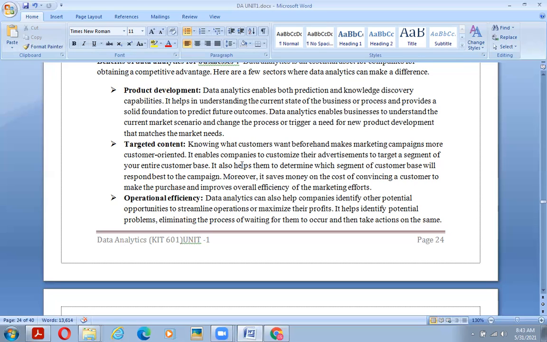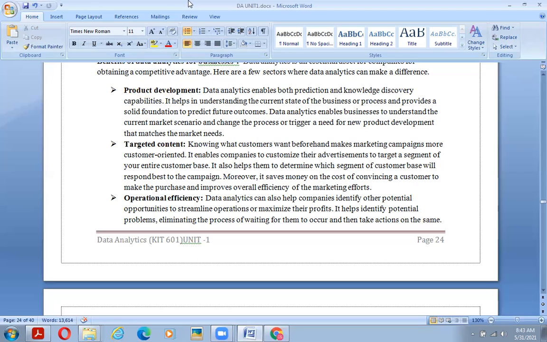Data analytics enables business to understand the current market scenario and change the process or trigger a need for new product development. It matches the market needs.